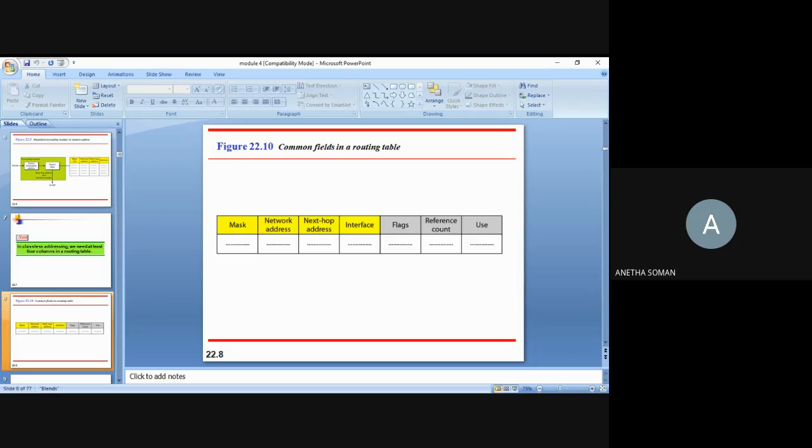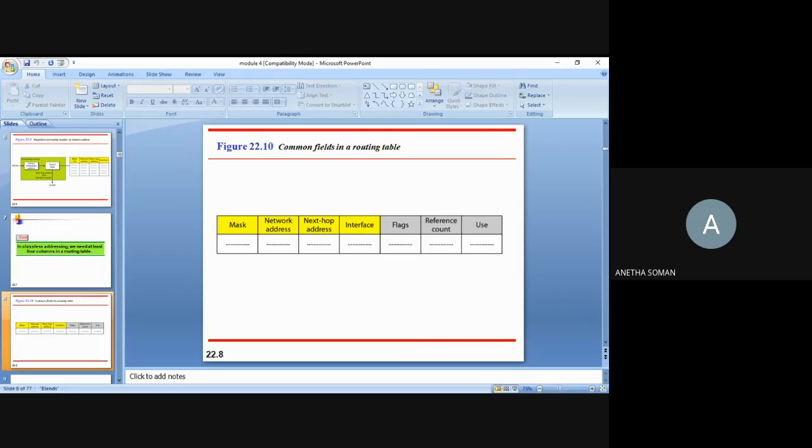So that is the first flag field, U. It indicates whether the router is functioning or not. If the value of that field is not present, then you should understand that the router is down.